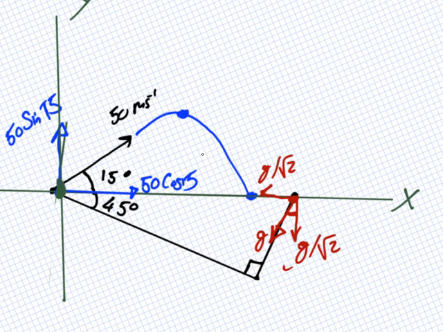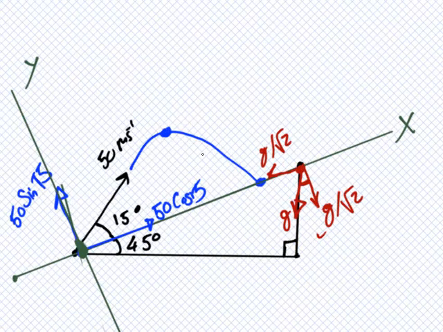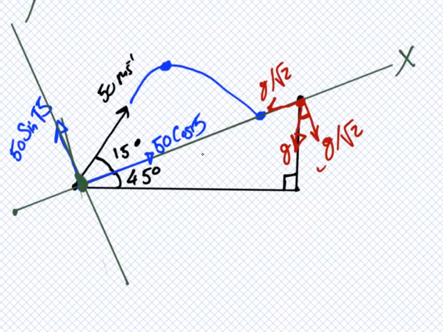Why is it that? Because if I want to know something like, say, the range, that's usually when it hits the ground. That's usually when s equals 0. In this picture here, if I didn't, then this is the end of the flight. The s is not 0 here. I would need to work out this. How would I work this out? Well, I would need to know what this is.